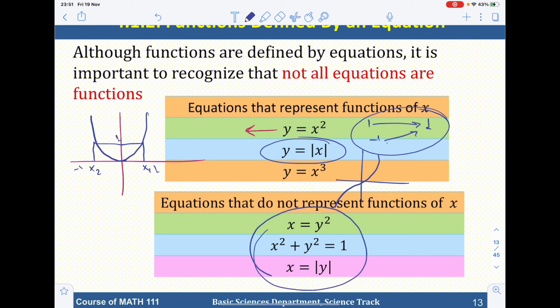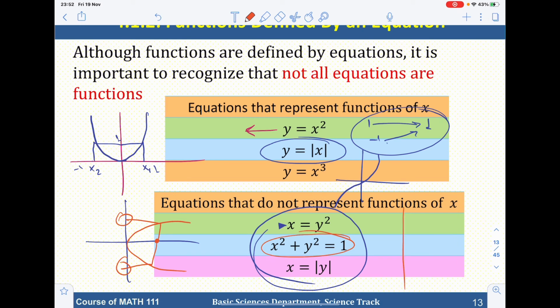For this one, we can see that it's slightly different from the first ones. This is x equals y squared, and if we draw this one, it would look like this. We can see that one value of x corresponds to two values of y, so it's not a function.